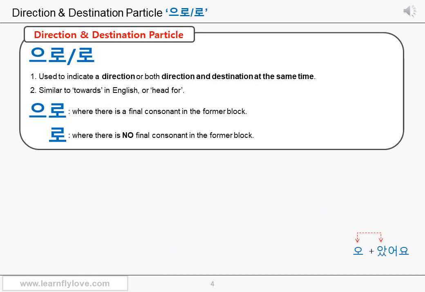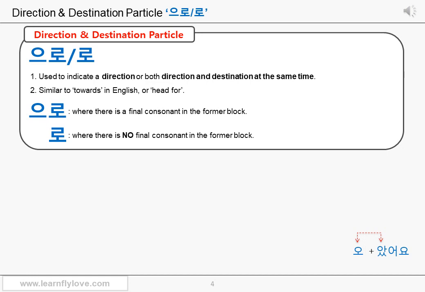The next particle you're going to learn is the particle 으로, 로. Korean particles usually have multiple usages, but you don't need to know them all. This particle 으로, 로 also has many usages, and this is one of them. You don't need to worry about other usages that I don't teach in my lessons. This particle 으로, 로 is used to indicate a direction, or both direction and destination at the same time.